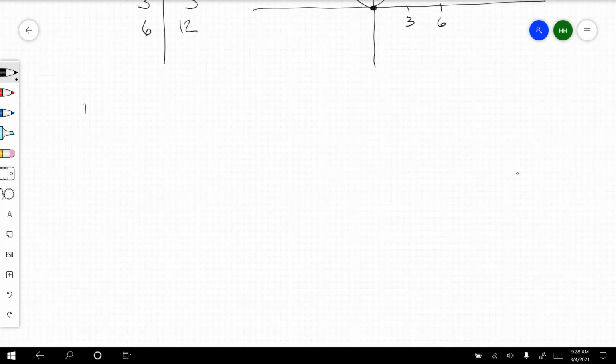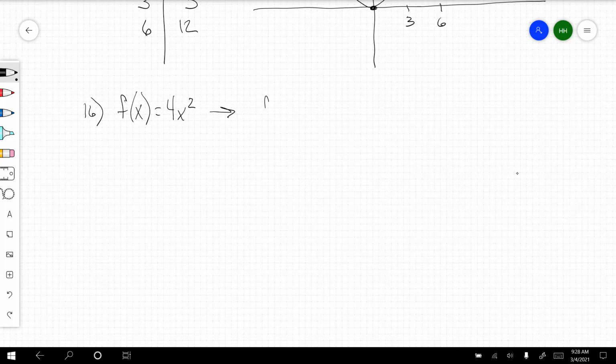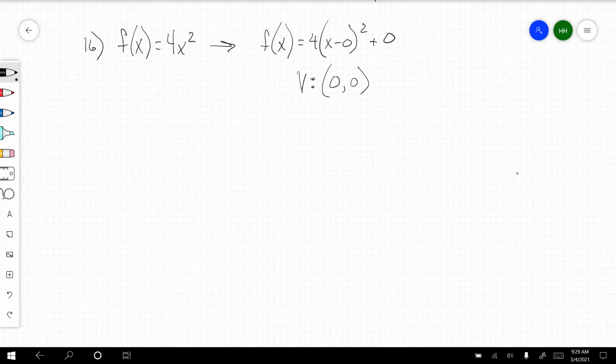And then number 16, you got the graph f of x equals 4x squared, which is the same as that in vertex form. So your vertex is at (0, 0) again. Now, since this a is greater than 1, this thing's going to be stretched. It's going to get vertical fast.